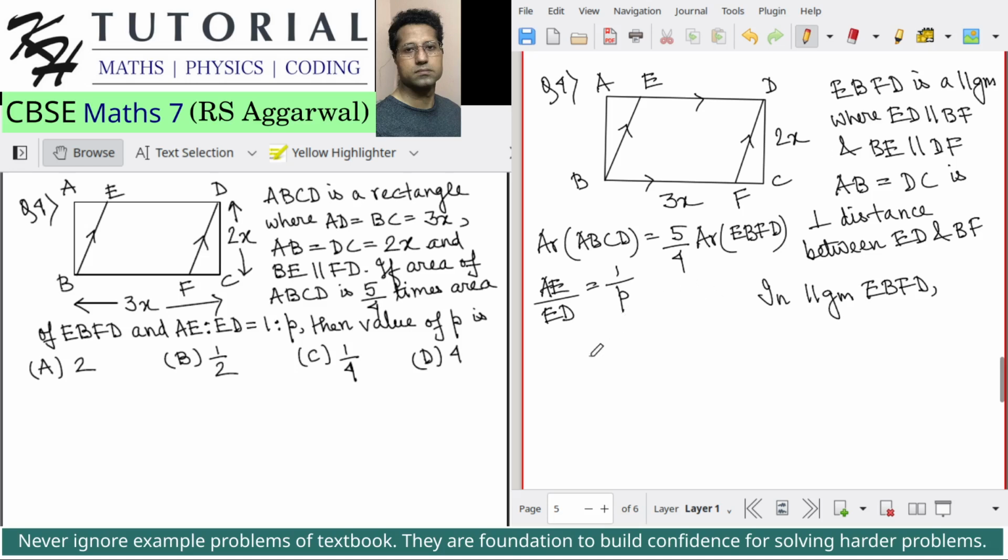Since we know we can find the area, so what will be the area?